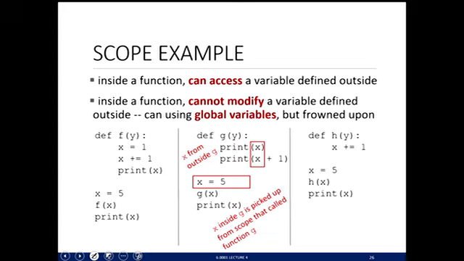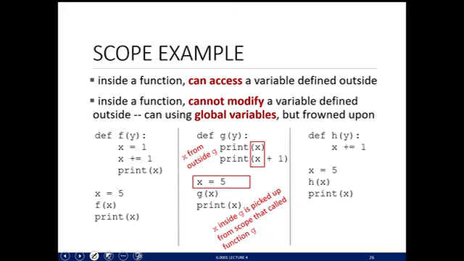This one's a little bit trickier. I define this function g. And all g does is access a variable x. But notice inside g, I've never actually declared or initialized a variable x, right? In this f, I said x is equal to 1. But in here, I'm just using x.